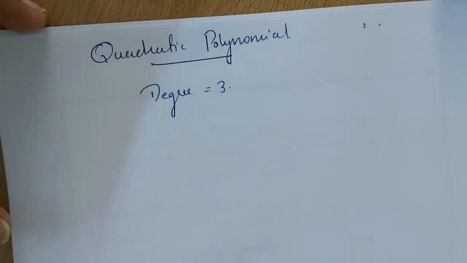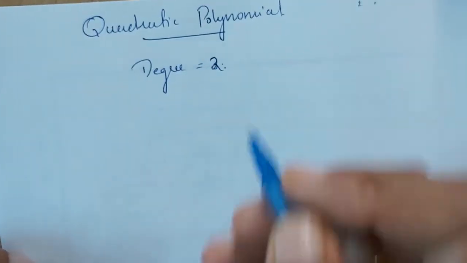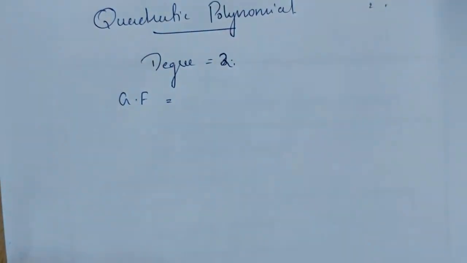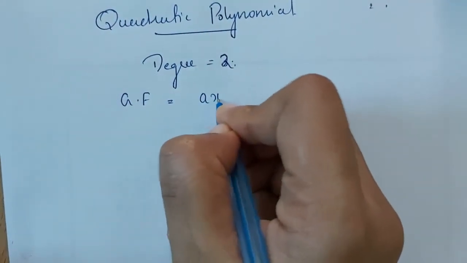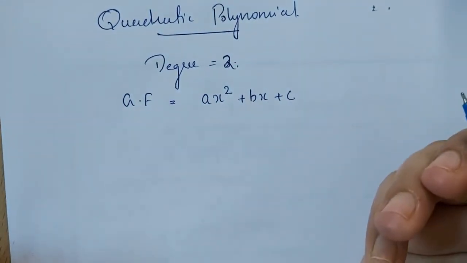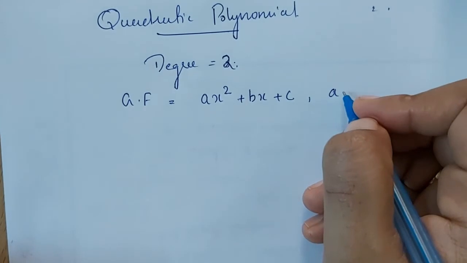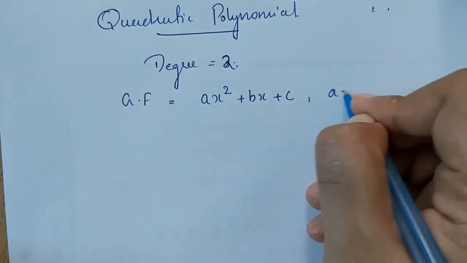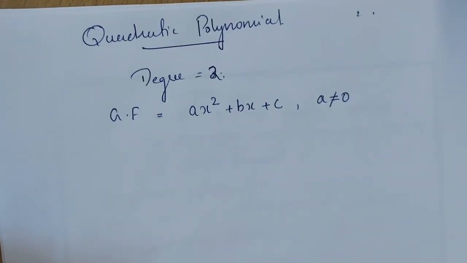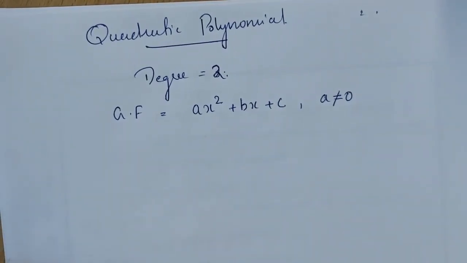If the polynomial has degree 2, it is called a quadratic polynomial. And the general format is ax square plus bx plus c. And the value of a should not be equal to 0.